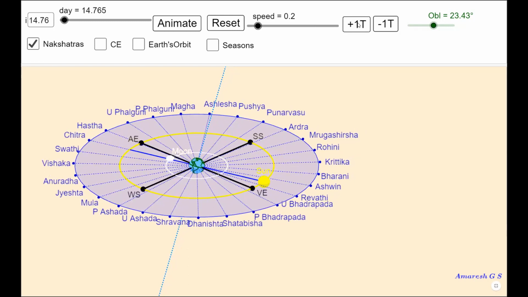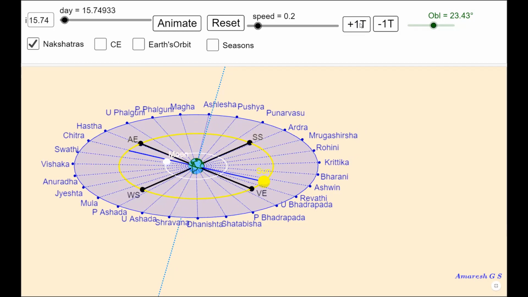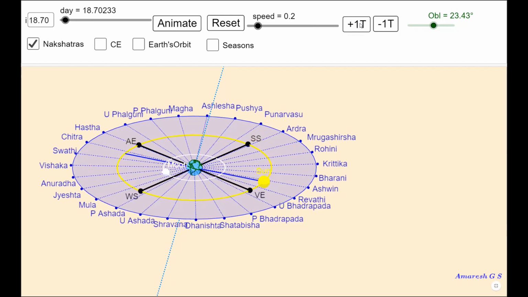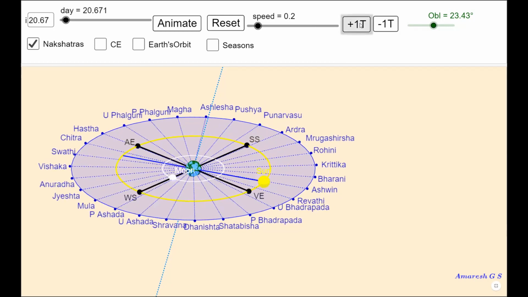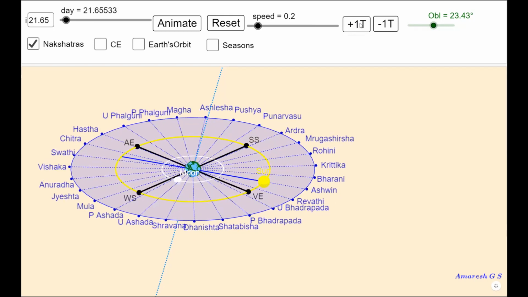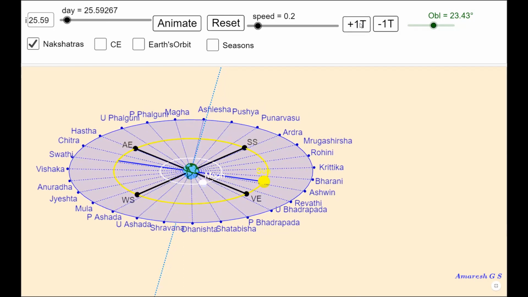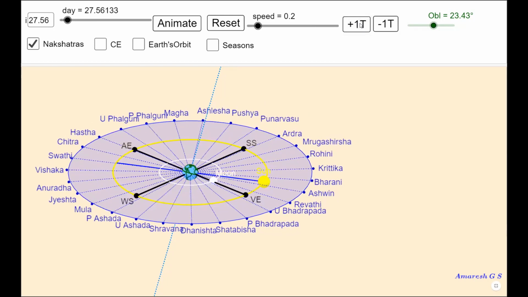And look what happens on the full moon day. The earth is in the middle of the moon and the sun along the same straight line. So next, Pratipada, Dvitiya, Tritiya, Chaturthi, Panchami, Shashti, Saptami, Ashtami, Navami, Dashmi, Ekadashi, Dwadashi, Trayodashi.